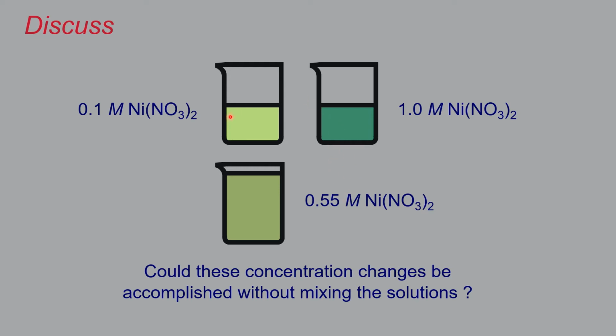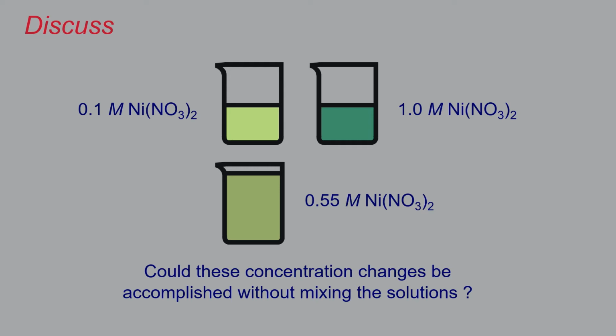Could you end up with 100 milliliters of 0.55 molar nickel nitrate in the one beaker and 100 milliliters of 0.55 molar nickel nitrate in the other without mixing them? So you can't just mix them together and then split them back up again. Could you actually achieve this concentration change, this one increasing and this one decreasing, without ever physically mixing the solutions? So hit pause and think about it.